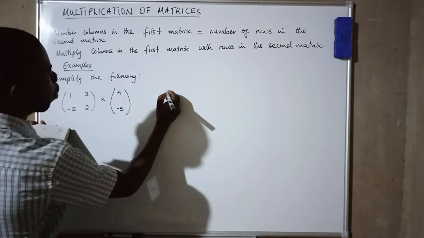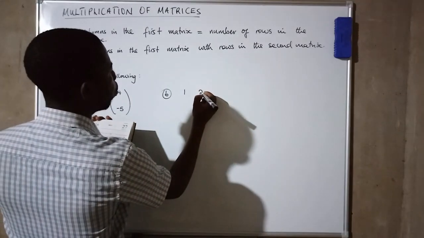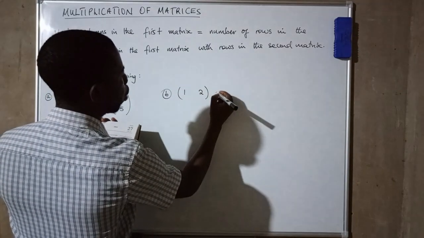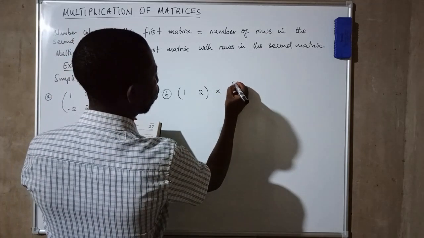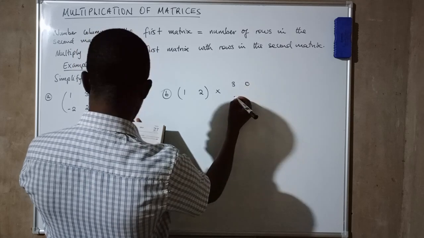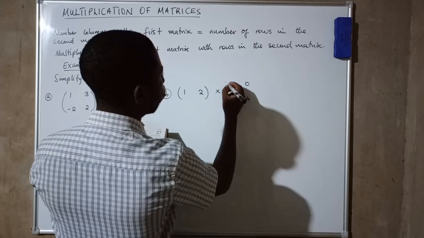Then B: we have 1 and 2, multiplied by 3, 0, then 2, 4.